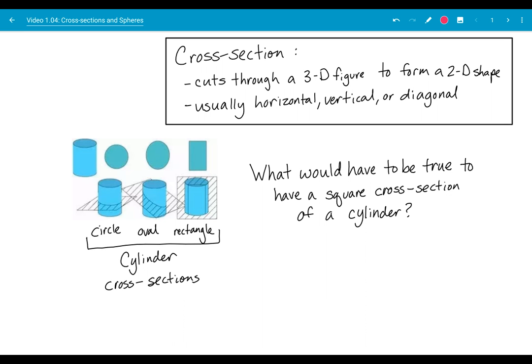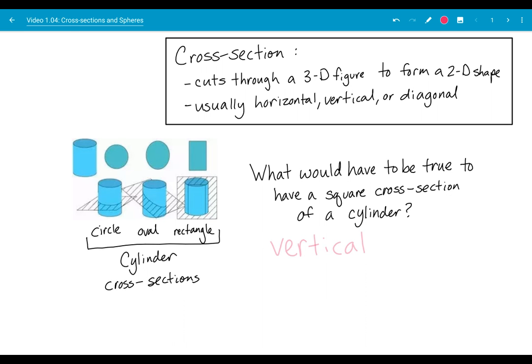So I have a question for you. What would have to be true to have a square cross-section of a cylinder? If you think about it, this is going to be related to the rectangle, so this is going to have to be a vertical cross-section.